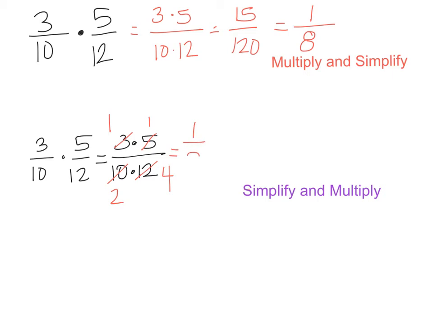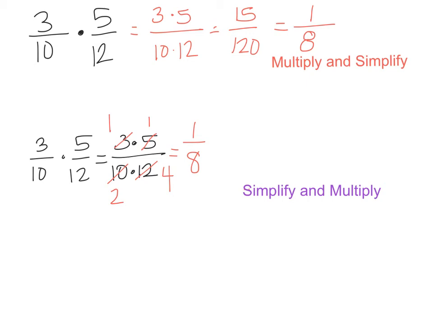Now I just multiply across, and I get my answer, 1/8. So it's pretty plain to see here that multiplying first and then trying to simplify down from that might not always be the most efficient way. Doing it within the multiplication problem before you're done can sometimes help you out in a much better manner.